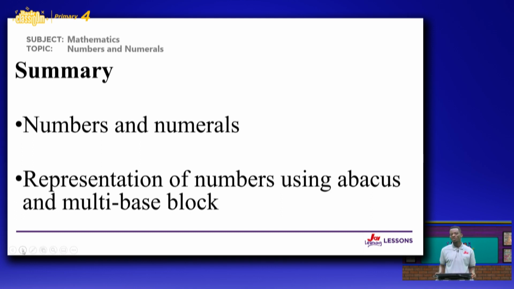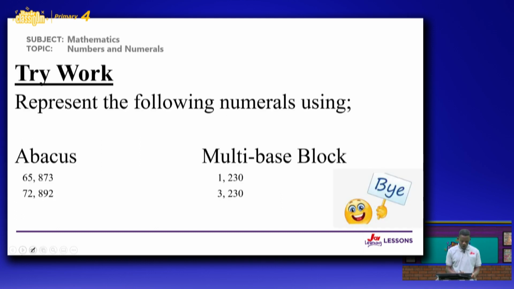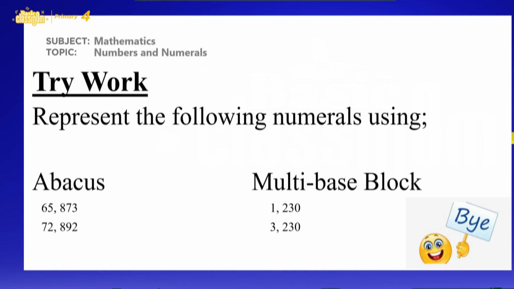Learners, I hope you understood all we did for our lesson today. So for your practice, I want you to write this in your books and try it at home, wherever you may find yourself. We are going to use the abacus to represent these numbers. Then also make a nice sketch with the multi-base block to represent these numbers.